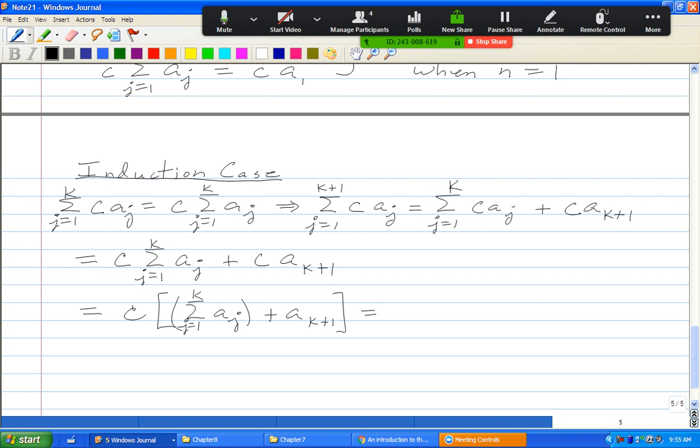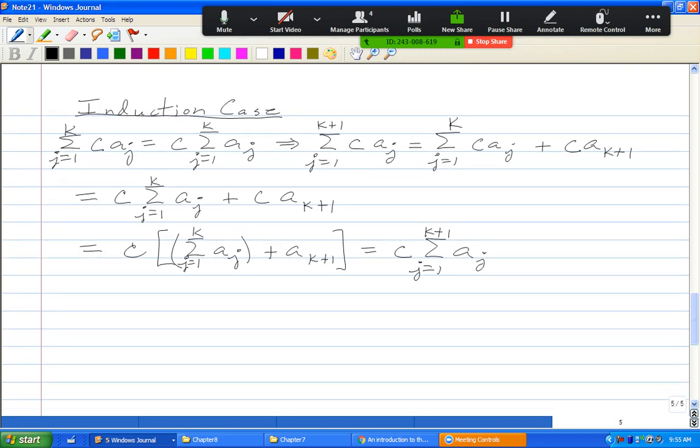But by the definition of partial sums here, we have that this is equal to the sum j equal 1 to k plus 1 of a sub j. And so I've shown that the induction step works.